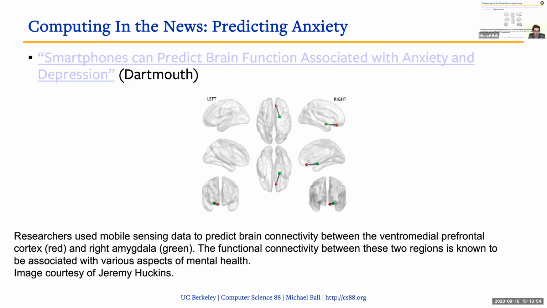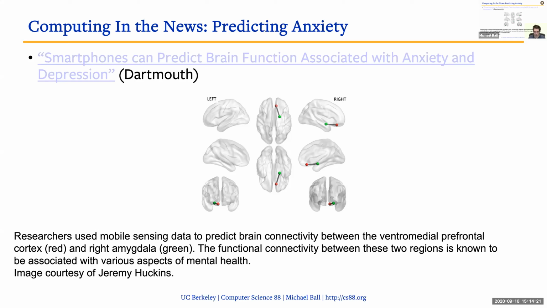So before we get into today's actual topic, another interesting computing in the news story. So this comes from Dartmouth, and this is one of those really cool examples of combining computer science, data science, health sciences for a lot of really interesting potential work. And so this is using smartphone data to predict brain functions, which in this case are associated with anxiety and depression.